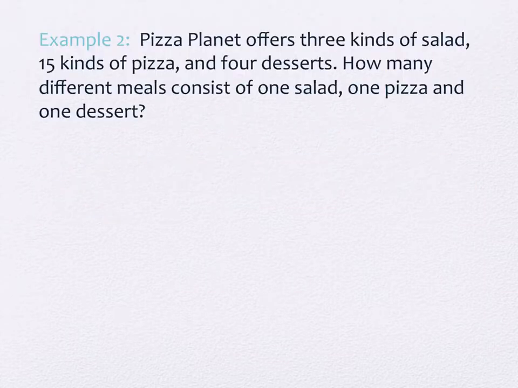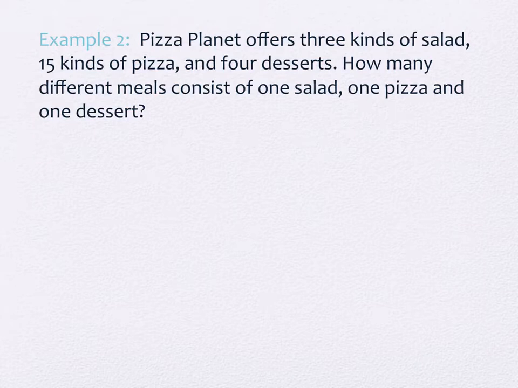The example I have for us today is Pizza Planet, which is from Toy Story. Pizza Planet offers 3 kinds of salad, 15 kinds of pizza, and 4 desserts. How many different meals consisting of 1 salad, 1 pizza, and 1 dessert can you make? We would take each of those events.